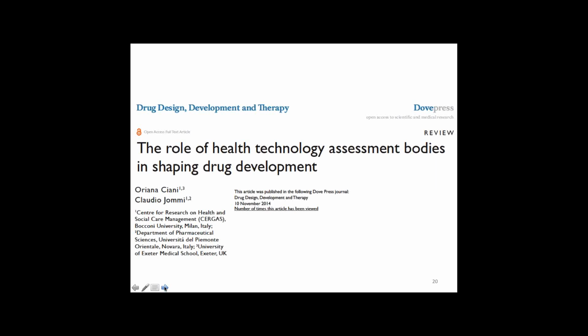Now, there are some changes in the institutional landscape around HTA that could inform the drug development process of main pharmaceutical products. And we had this paper out a couple of years ago, which, by the way, is freely available, open access, and even through the handouts of the X-Talks screen.